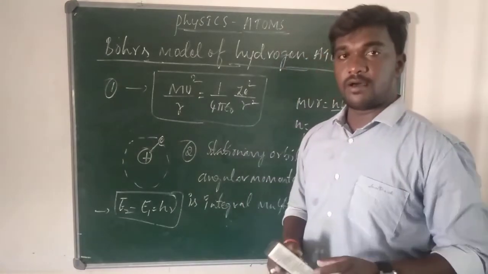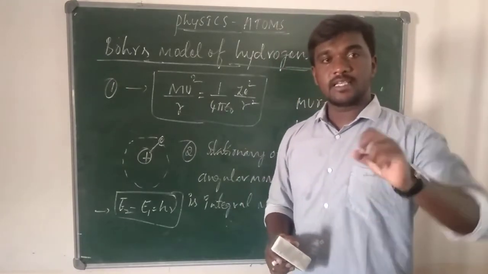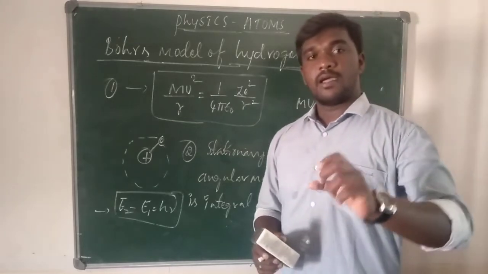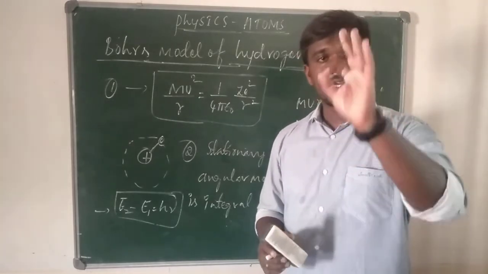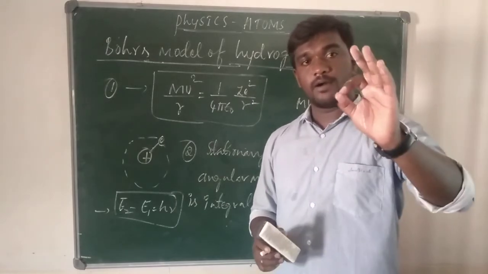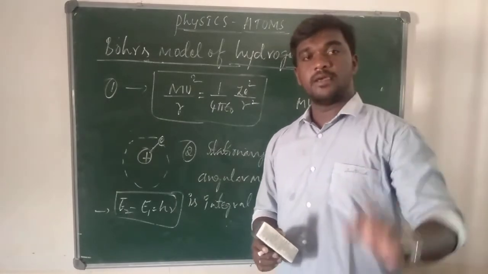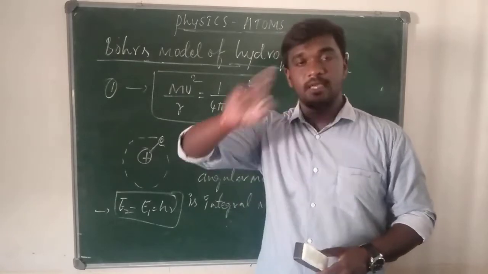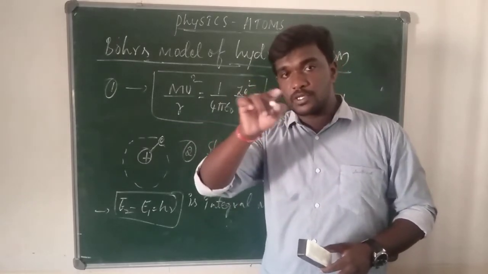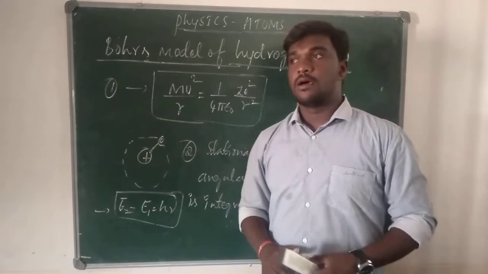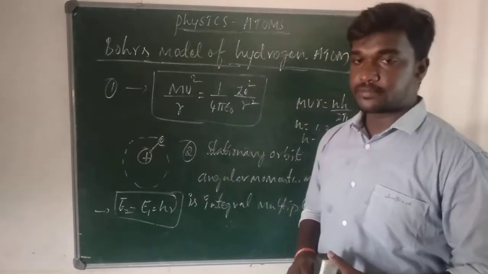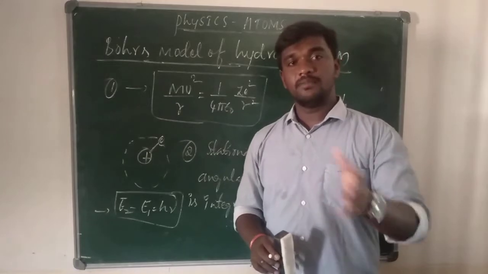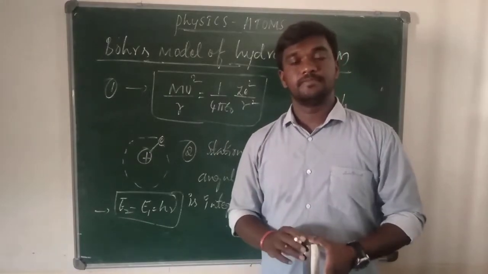Can we quickly recall? The first postulate says that every atom consists of a tiny core, the central positive sphere, called the atomic nucleus, in which the positive charge and the entire mass of the atom is concentrated.